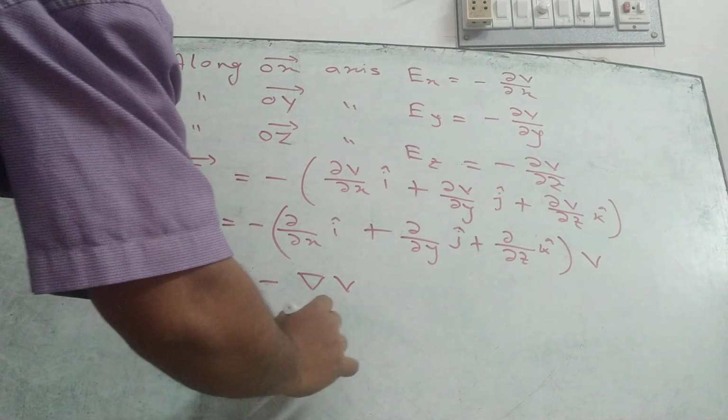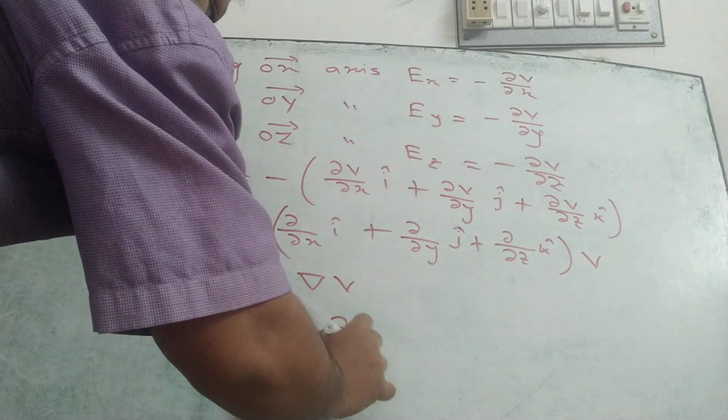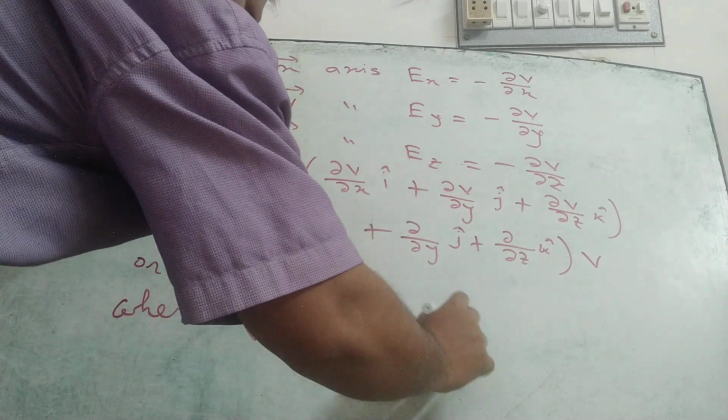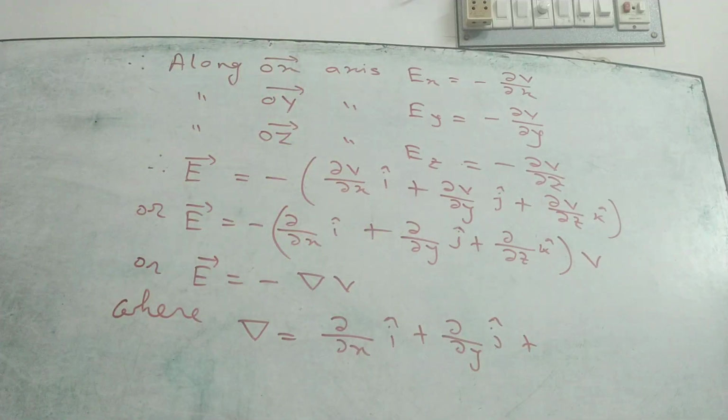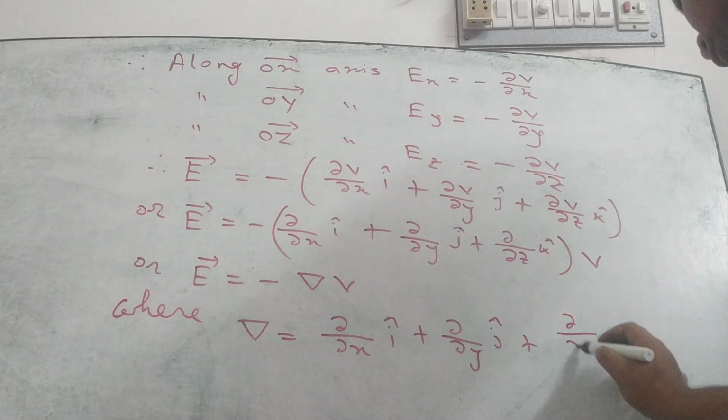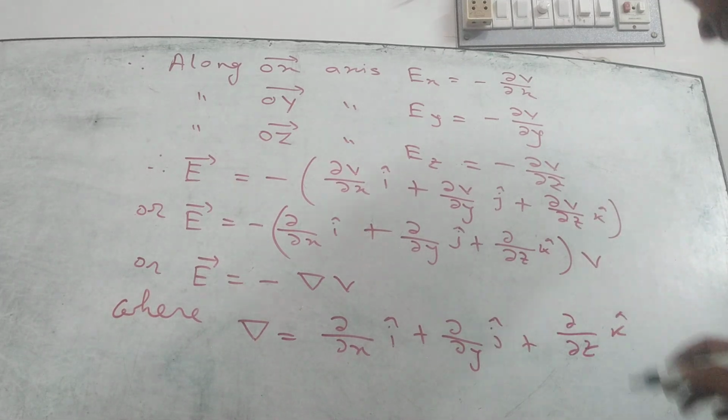Where del or nabla is equal to dou of dou X i cap plus dou of dou Y j cap plus dou of dou Z k cap.